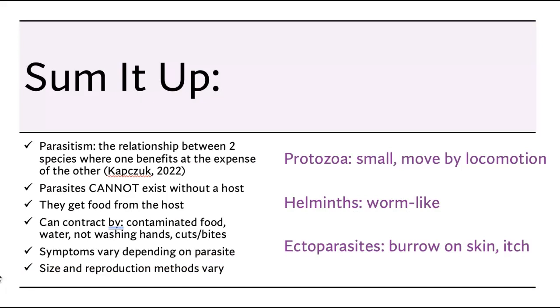Now, just to sum it all up, parasitism is the relationship between 2 living species or organisms where one benefits, which would be the parasite, at the expense of the other, which would be the host. Parasites can't live without a host because that's their food source. You can contract parasites by contaminated food, dirty water, not washing your hands, or parasites can get into cuts or bites or lesions.